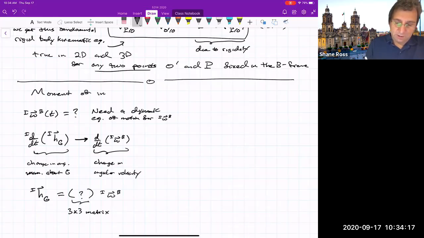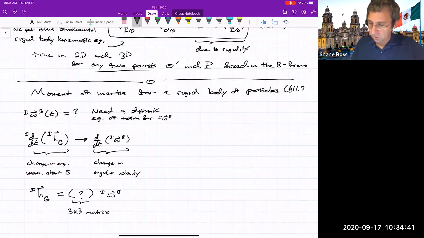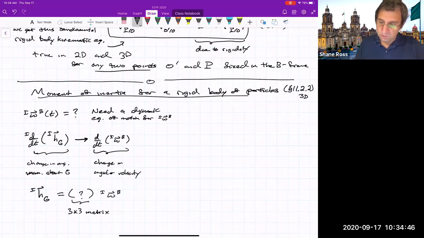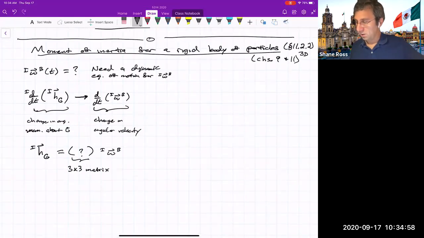We're going to talk about the moment of inertia for a rigid body of particles. And specifically, I'm following section 11.2.2 of the book. That's the 3D version, but this gets introduced in 2D in chapter 9, but I'll say this is in chapters 9 and 11 if you want to read more.